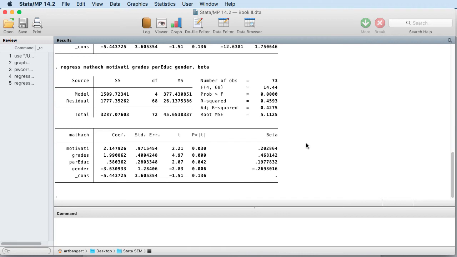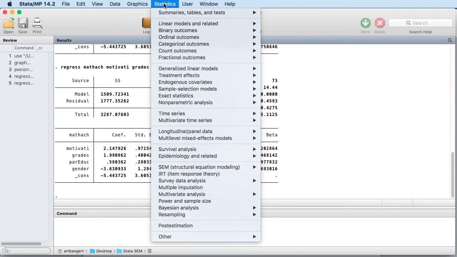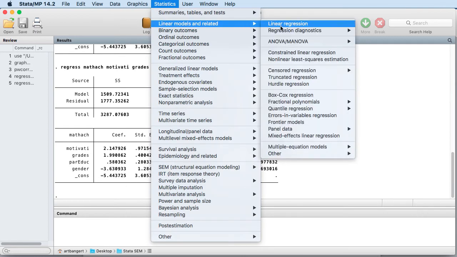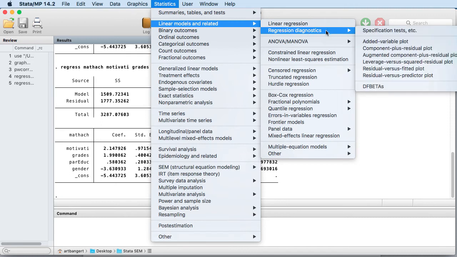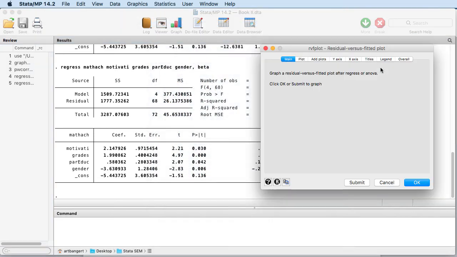Now, one of the other assumptions of multiple regression is that the residuals are random, that there's not a relationship between the residuals and the predicted values. And so to understand that, we can go to regression diagnostics and we can go to residual versus fitted plot.